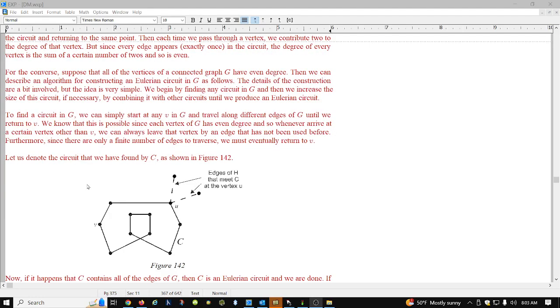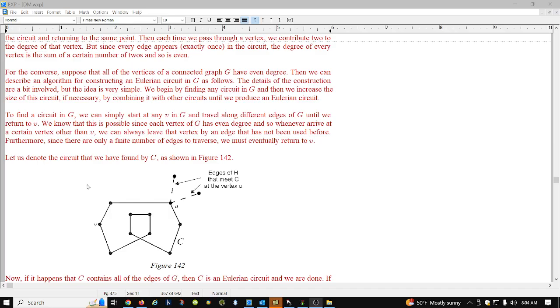To find the first circuit in G, we can simply start at any vertex V and travel along different edges, never using the same edge twice, until we return to V. And we know that this is possible precisely because every vertex has even degree. So we can't get stuck anywhere. To get stuck at another vertex would mean we may have gone through that vertex several times already, but we get to the vertex and we can't get out. Well, we came in along an edge.